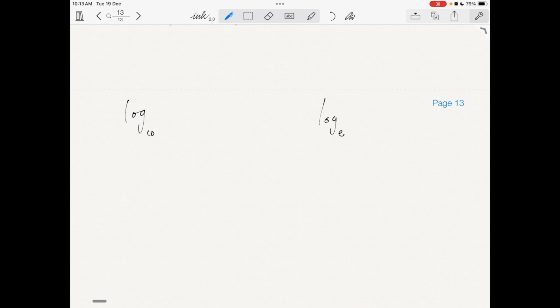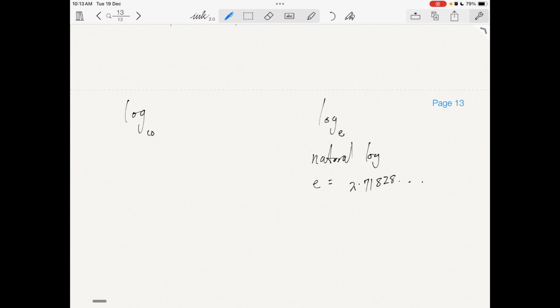This is what they call exponential logarithm or natural logarithm, and the exponential number is given as 2.71828, and it goes on to infinity.